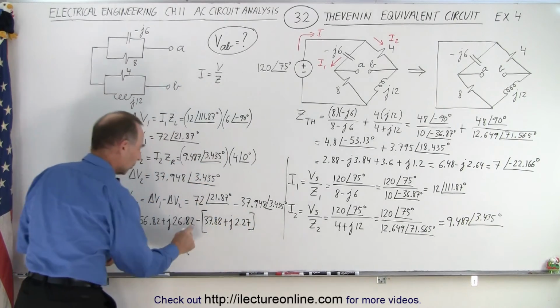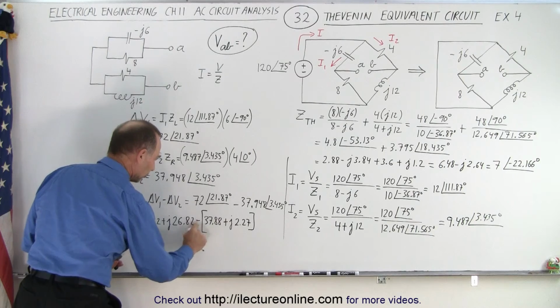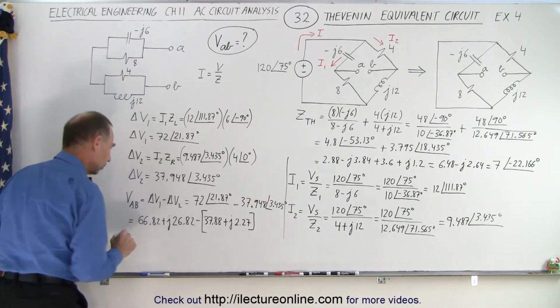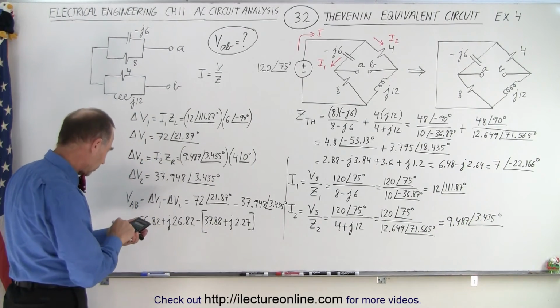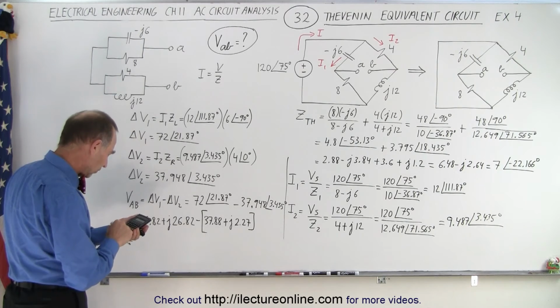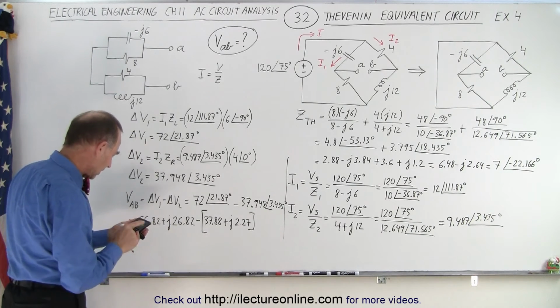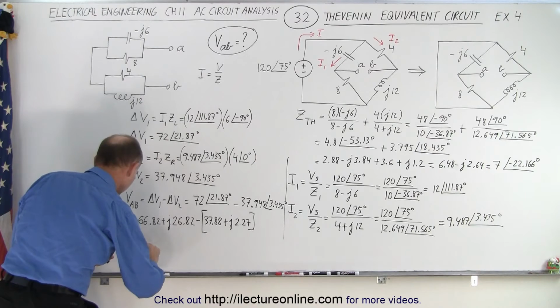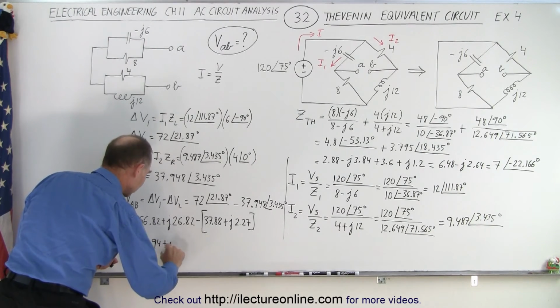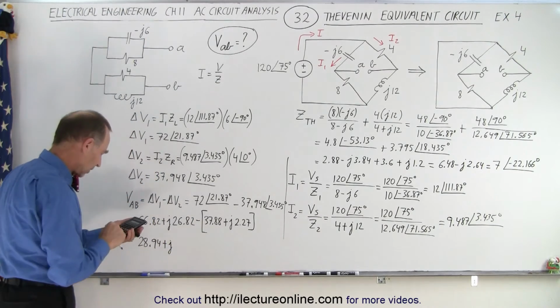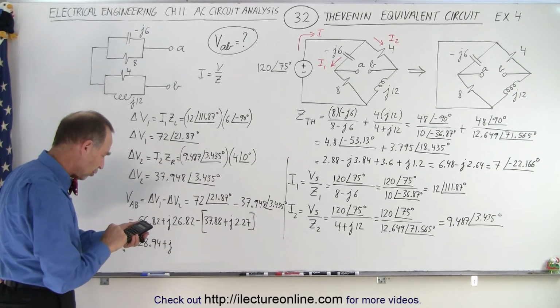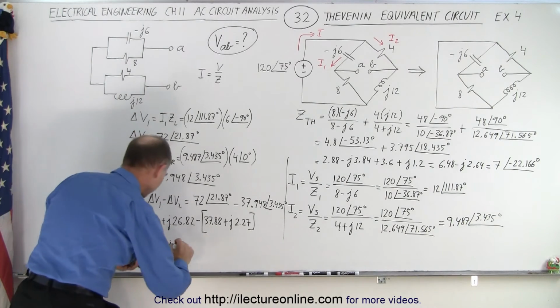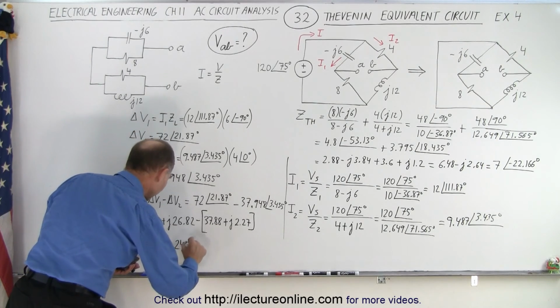But remember, we're subtracting both of these terms from the two right here. So this is equal to 66.82 minus 37.88, which is 28.94, and that would be plus j, because this is smaller than that, 26.82 minus 2.27, that gives us 24.55.